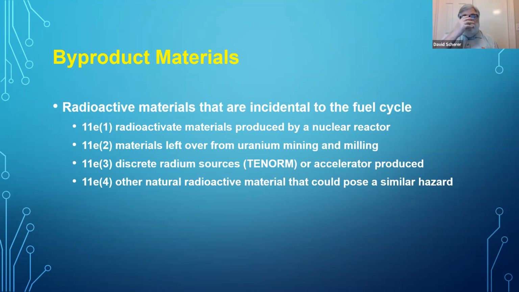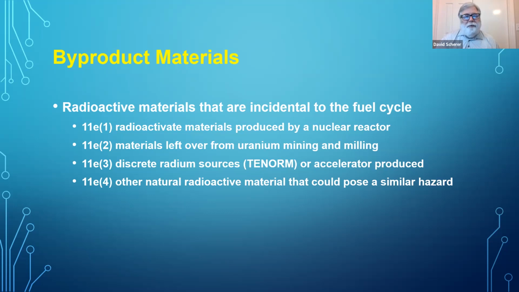11e(3) byproduct materials relate to naturally occurring radioactive materials that are pulled up from some other operation. It's often the case that when they pump gas or oil out of the ground, it brings with it radium, and those concentrations of radium are called technologically enhanced NORM.